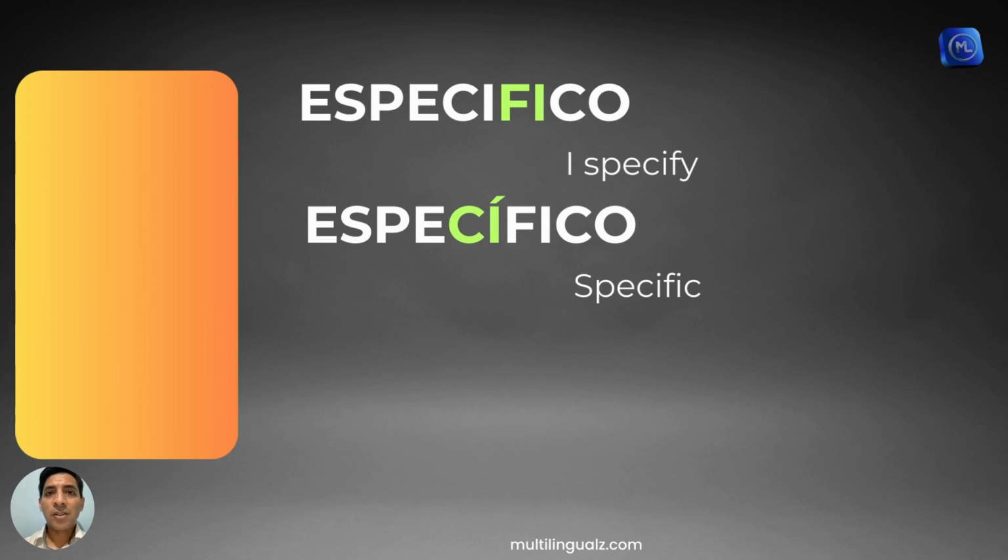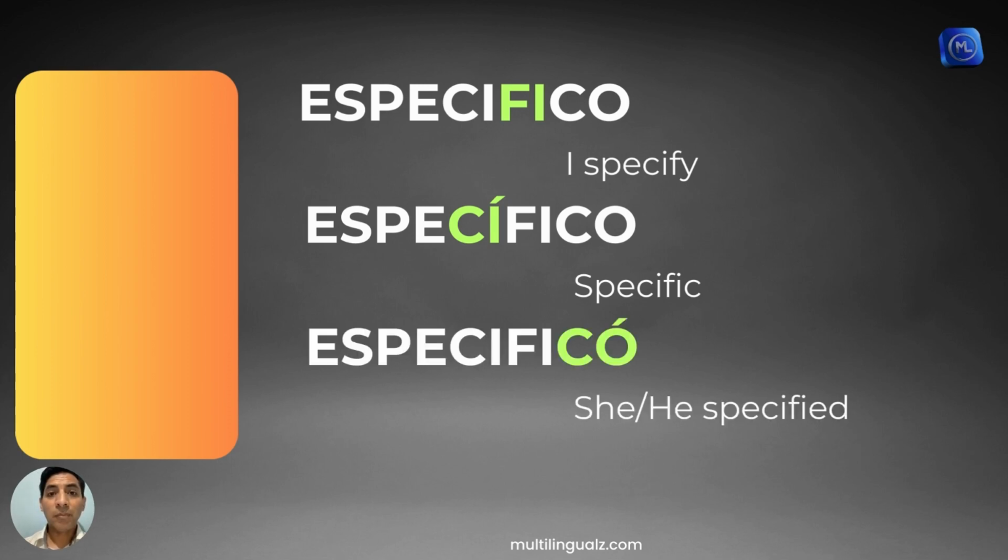But some words, like this one, can even have a third way of being pronounced. So, for example, I could say especificó, with the stress on the last syllable because it does have a tilde. That would mean she or he specified.